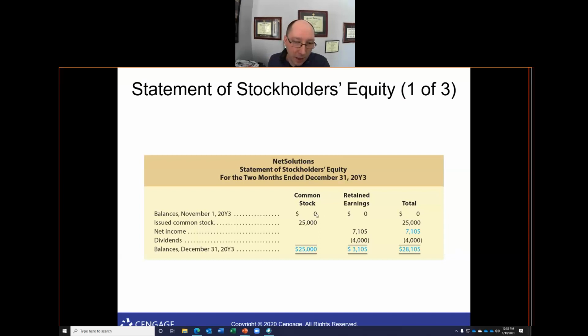So again, beginning balance plus issued common stock plus net income minus dividends equals ending balance for your statement of retained earnings, or in this case, statement of stockholders' equity.